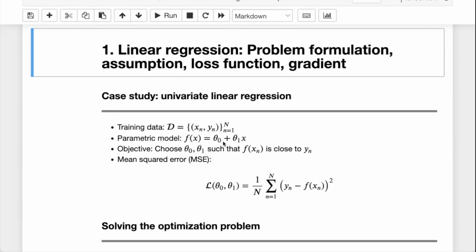And this is what is known as the equation of a line where we have a slope and intercept. Therefore, the entire goal here is to find the optimal values of theta 0 and theta 1 such that predicted outputs are as close as possible to true outputs, which come from our training data.